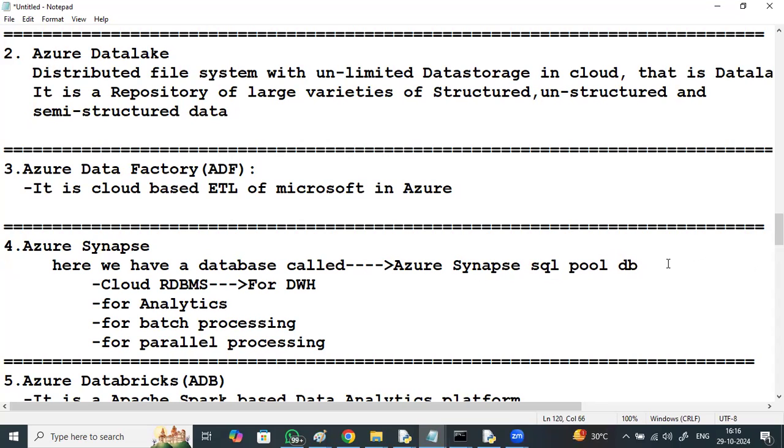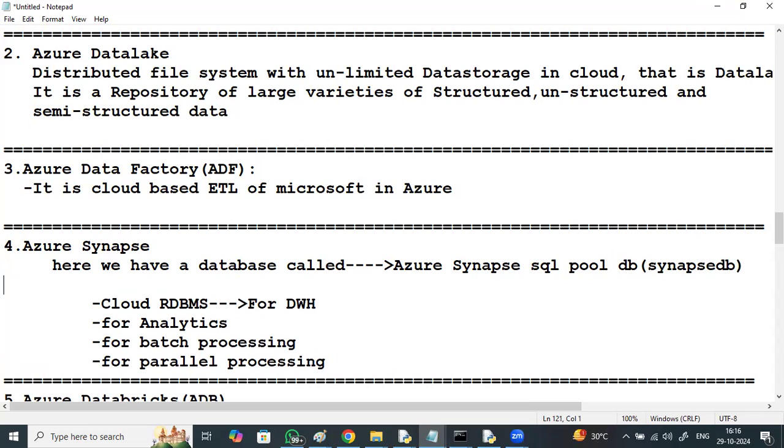In a simple way, we say Synapse DB. What is Synapse DB? It is the cloud data warehouse of Azure.